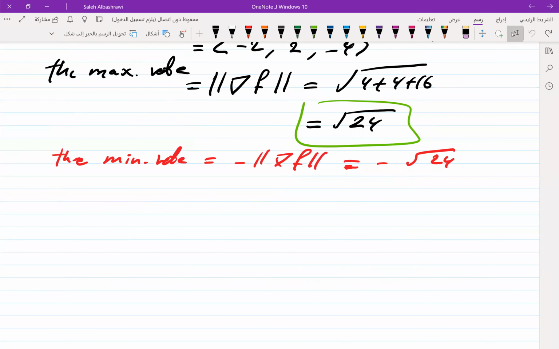Let's take one application problem for maximum and minimum.